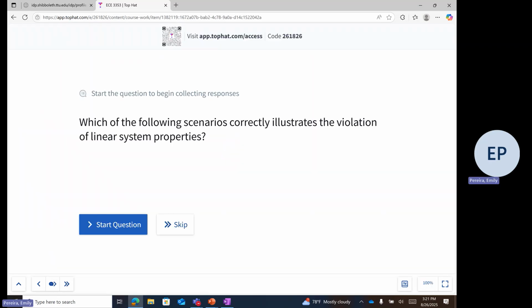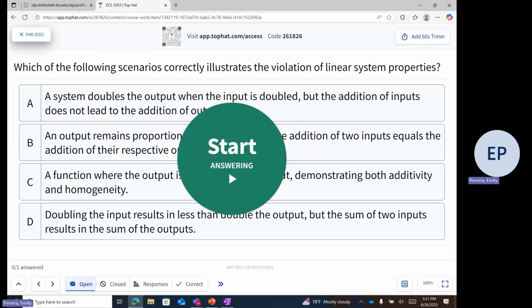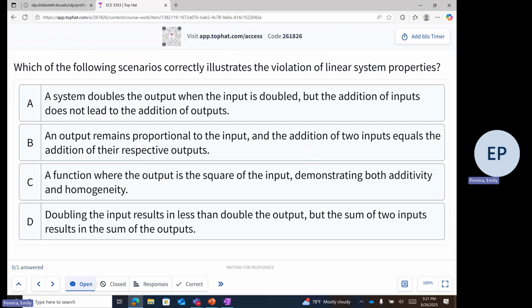All right, now which of the following scenarios correctly illustrates the violation of linear system properties? A, a system doubles the output when the input is doubled, but the addition of inputs does not lead to the addition of outputs. B, an output remains proportional to the input, and the addition of two inputs equals the addition of their respective outputs.